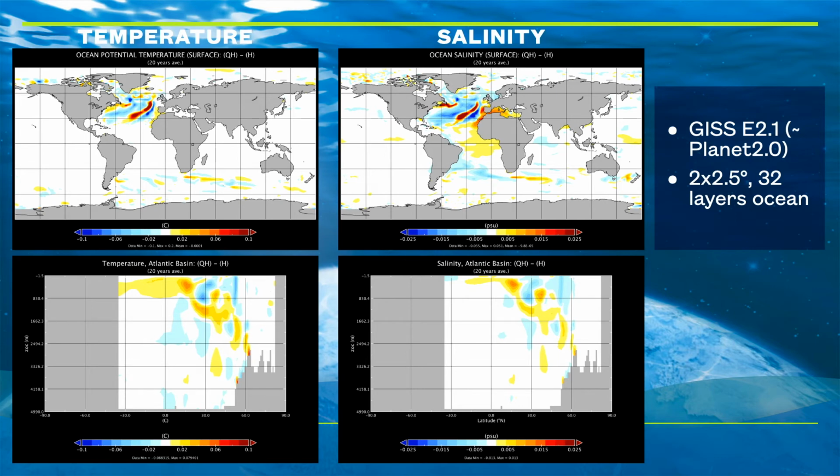We have here the difference between the quasi-hydrostatic run and the hydrostatic control run for the surface temperature on the left and surface salinity on the right, as well as the zonally averaged vertical structure for temperature and salinity for the Atlantic Ocean on the bottom row.